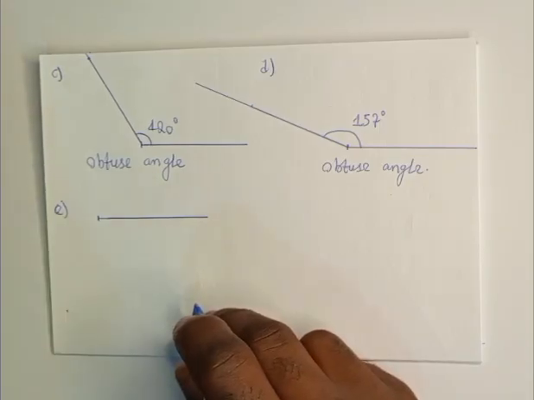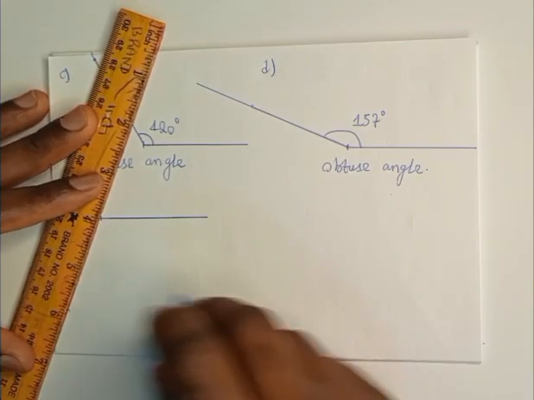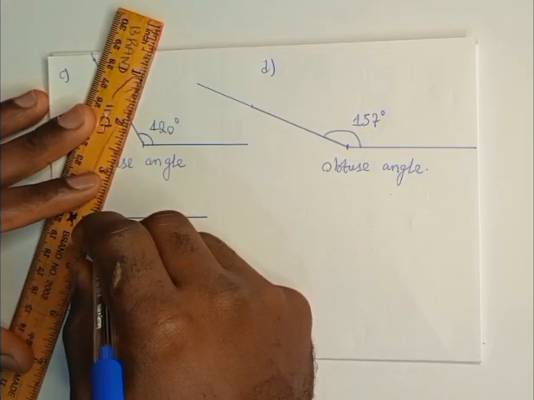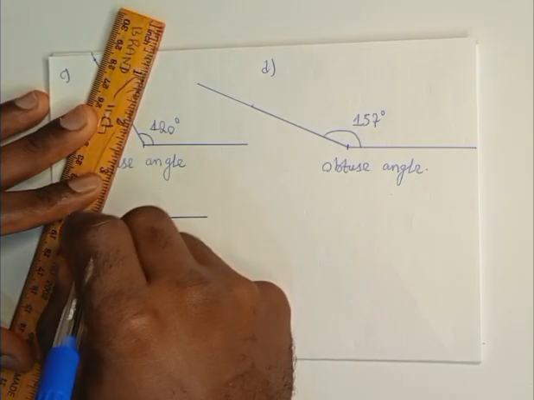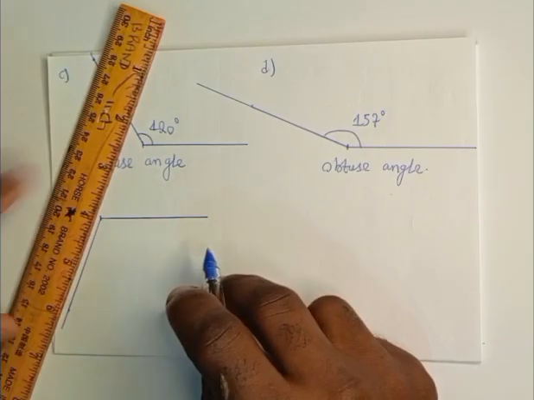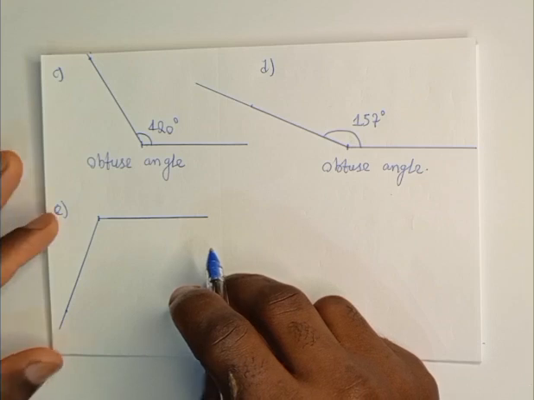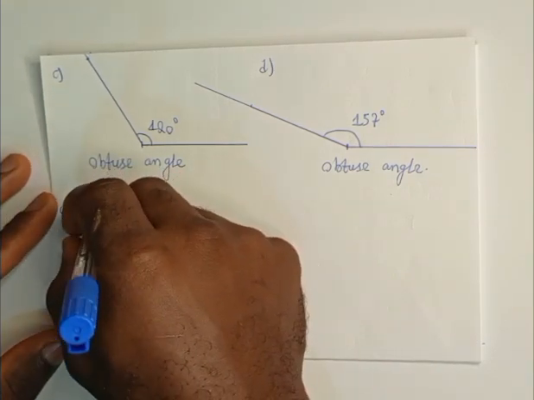Next, we use our ruler to connect the dot to the initial point of the initial line. Such. We are going to obtain something of this form. Then we indicate the angle.